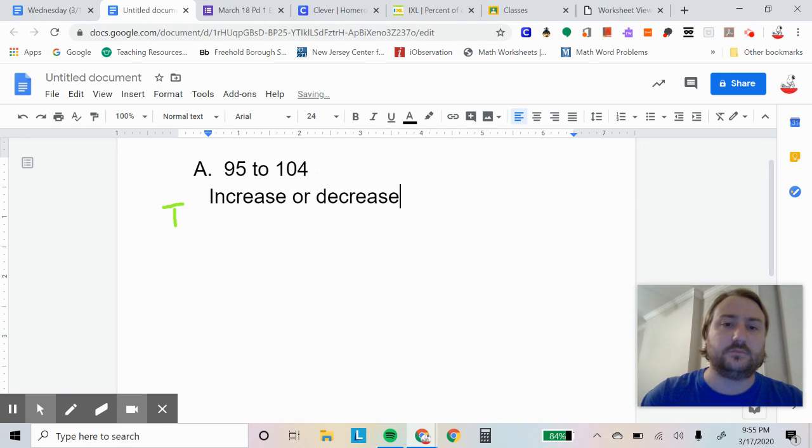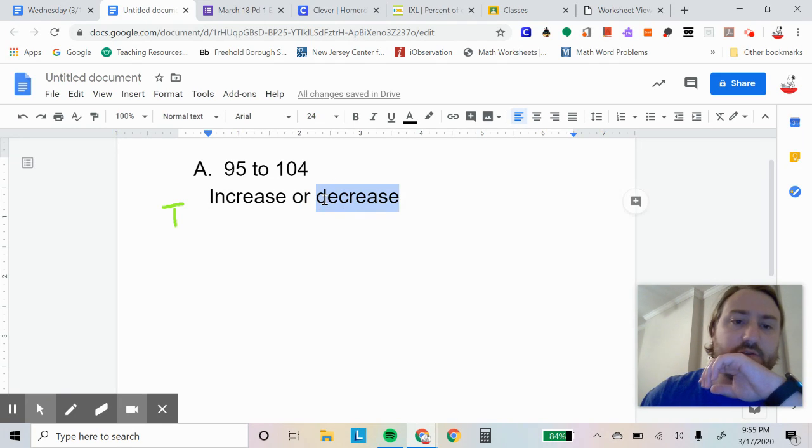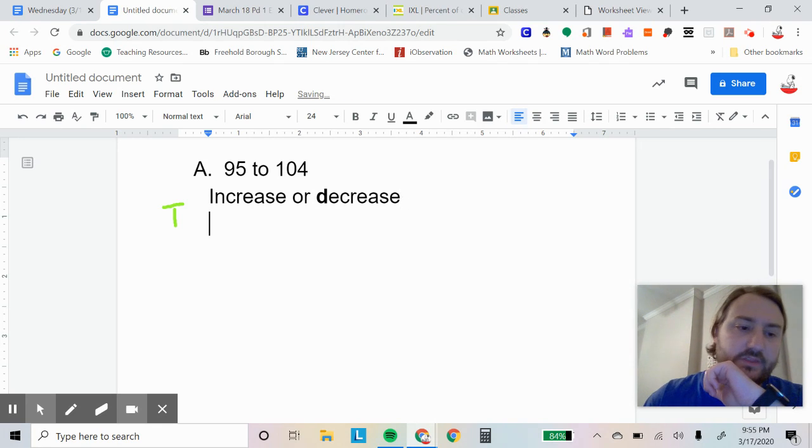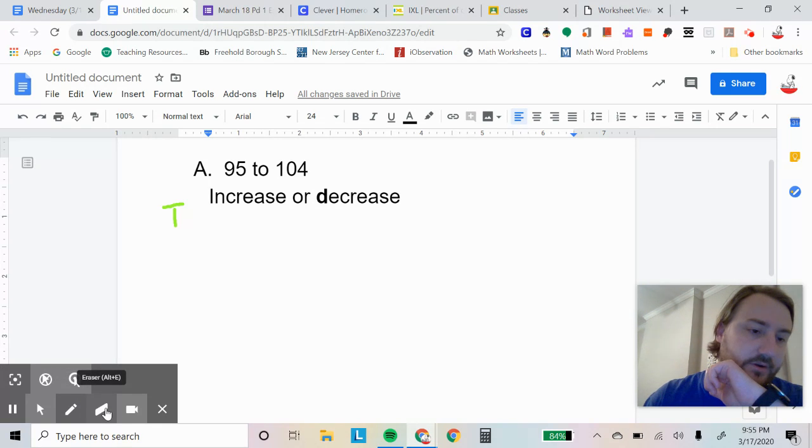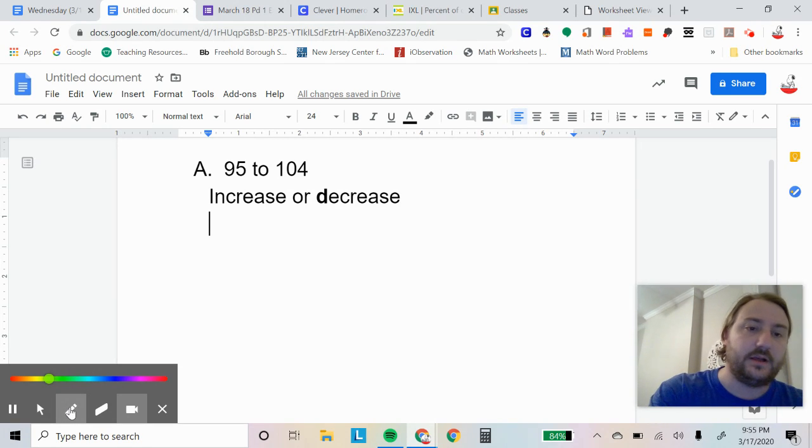Remember, for decrease, D for down, right? So that helps us remember which one is which. And then obviously increase would be up. Let's give this pen one more try here. Okay, erase the board. It's been very finicky lately, so I apologize.